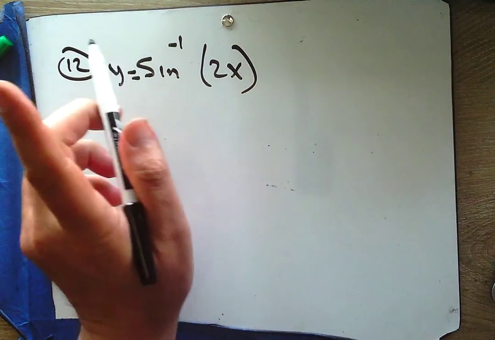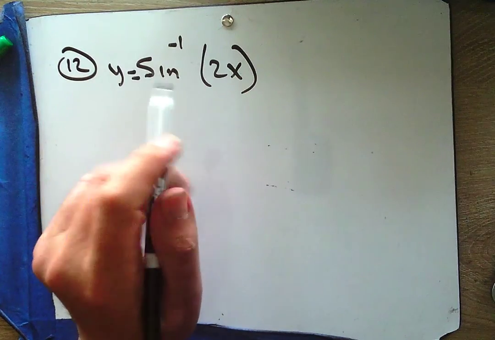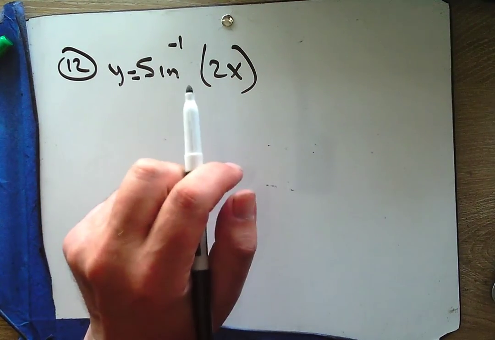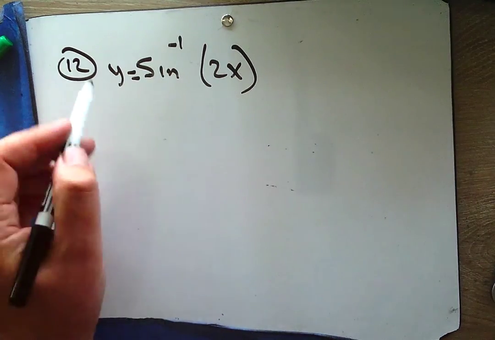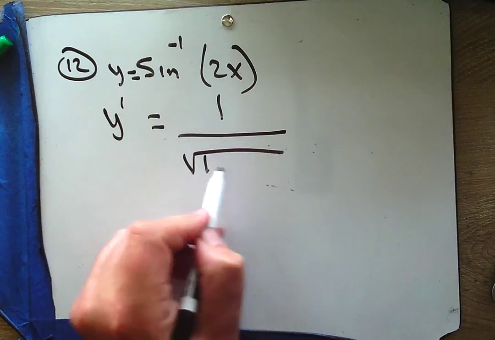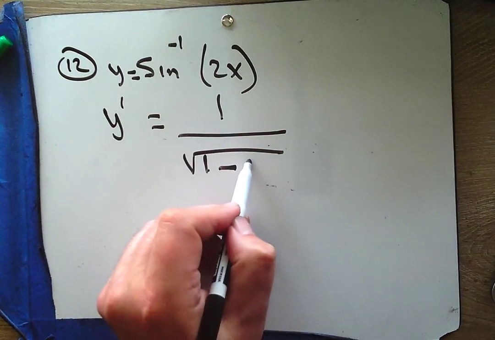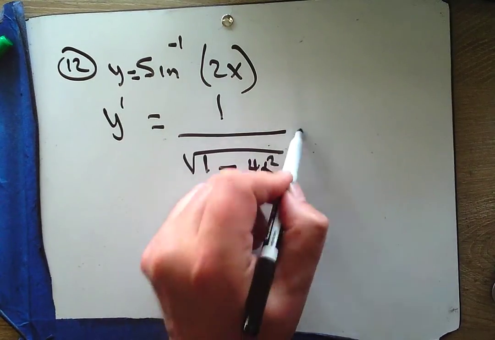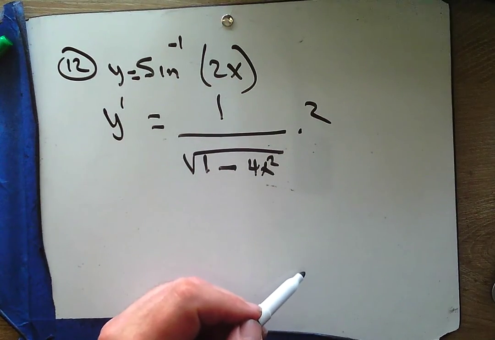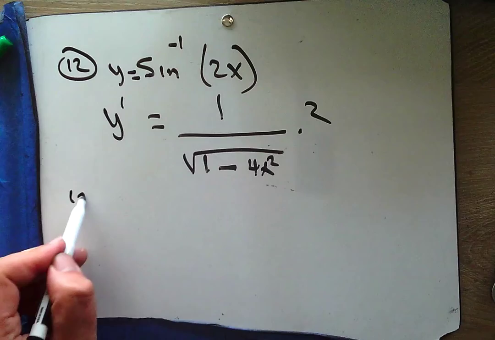Now, if this were honors AP Calc, yeah, we'd be busting your chops all over about restrictions like that. So, y prime, 1 over square root of 1 minus u squared times the derivative of u. Yep. And 13.